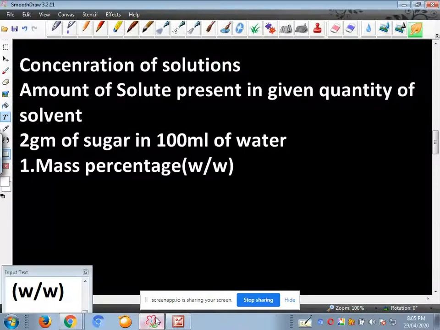Now we will solve some problems with respect to the mass percentage.